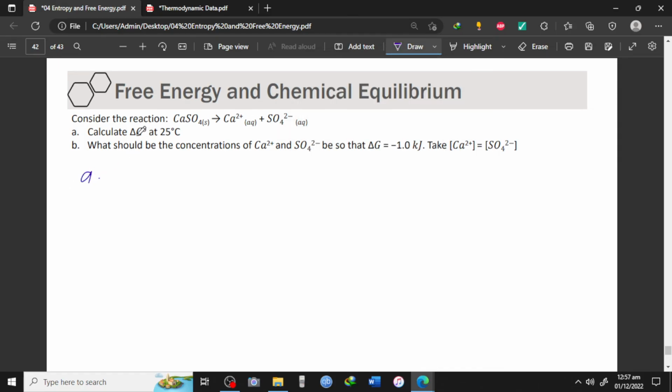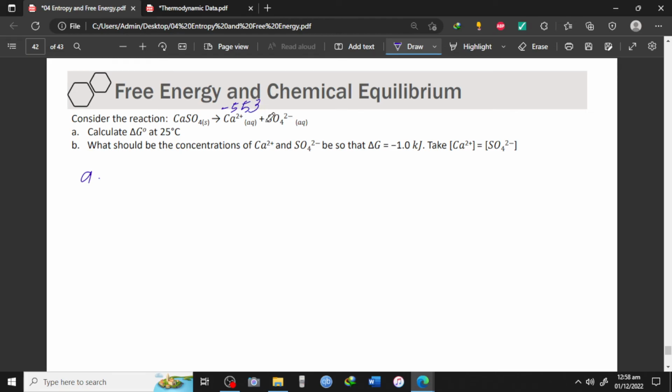So, calculate the delta G or the standard free energy. So, ganun lang din, no? Product minus reactant. Tignan mo lang yung values nila. Nasa thermodynamic data. So, anyways, ang value natin for calcium ay negative 553.